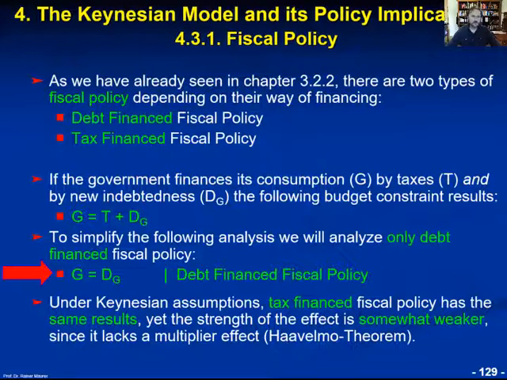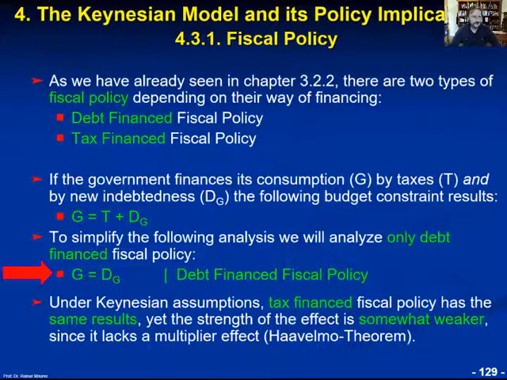Under Keynesian assumptions, tax-financed fiscal policy has basically the same result as debt-financed fiscal policy, yet the strength of the effect is somewhat weaker. The reason for this is that if government expenditure grows and taxes have to be increased, this reduces household disposable income, such that the consumption multiplier effect is completely eliminated.